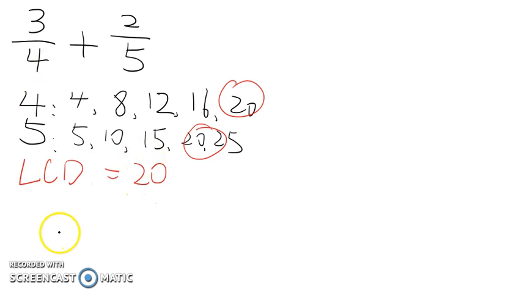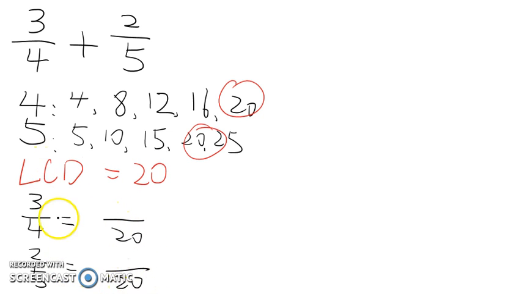And next, convert both fractions into the same denominator of 20.